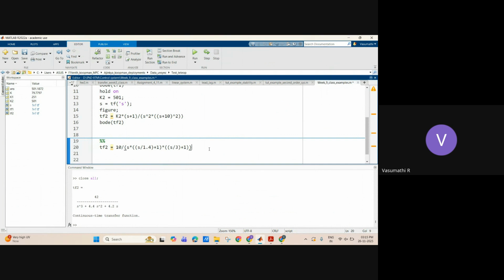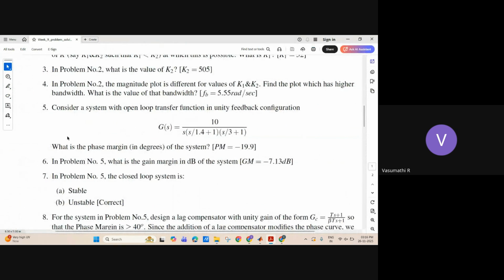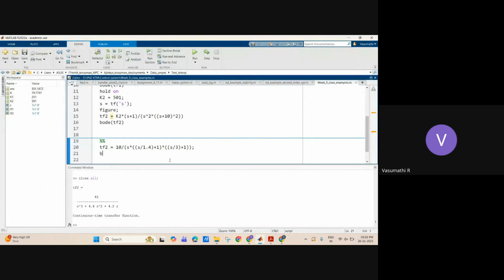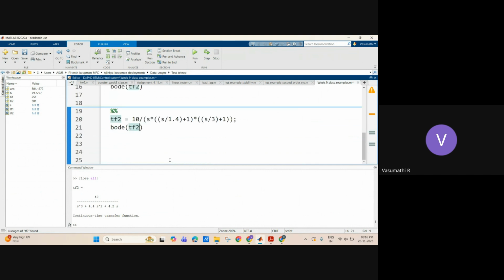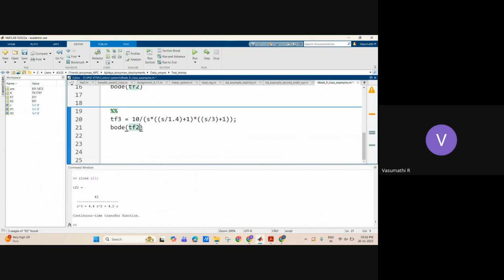Okay, this is the transfer function given for this fifth problem. Then the question is, what is the phase margin? Straight away we'll plot the Bode of TF2. This is TF3, I will take. Okay, run section.